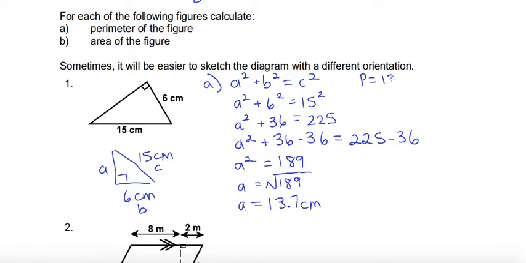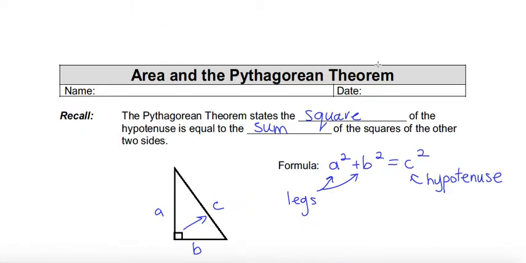So I have 13.7 plus 6 plus 15. So the perimeter of this shape, when I add those all together, gives us 34.7.